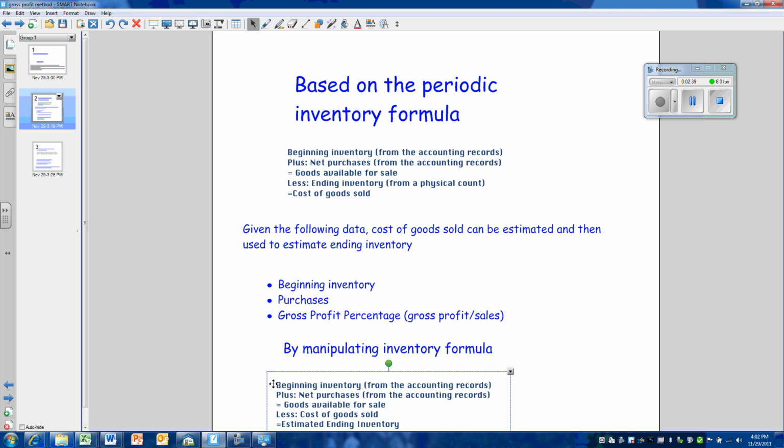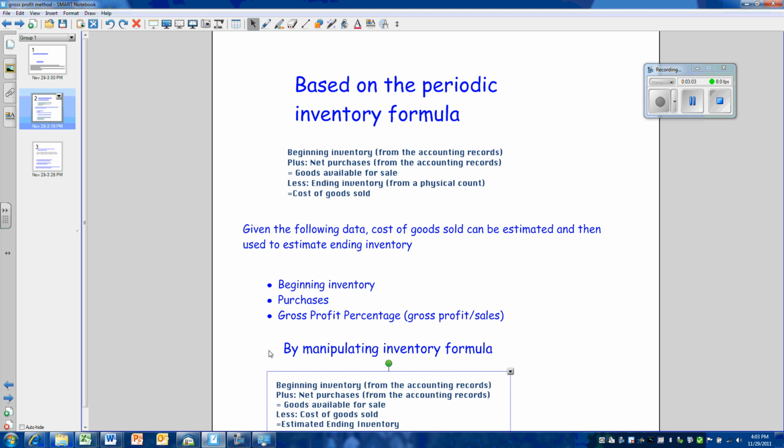We can build it by taking beginning inventory, which can be taken from accounting records. If these are not available, we can go to financial reports such as audited financial statements, tax records, insurance underwriting claim forms, and we would establish a beginning inventory.